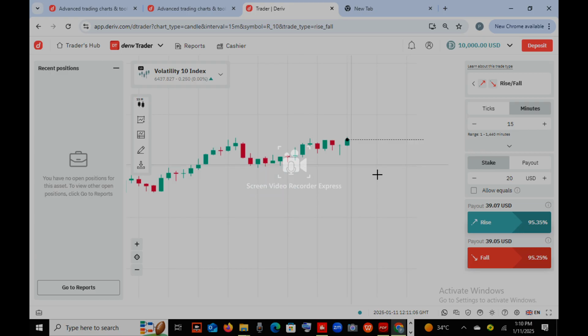So you can see this is not quite certain on a 15 minutes time frame. You can see a hammer-like wick here, and it is not quite certain that the market will go down immediately at the moment.